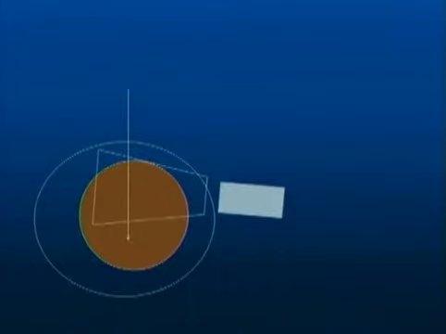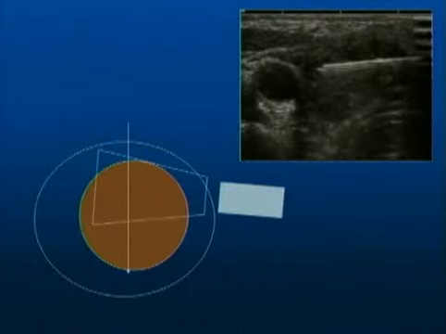Here's such an example that I'll show you in the right upper hand column, in which we're doing a thyroid biopsy, and we can see the entire shaft of the needle because the needle shaft is perpendicular to the ultrasound beam.